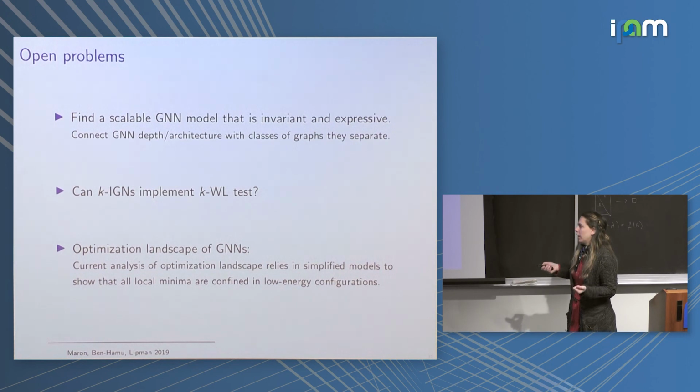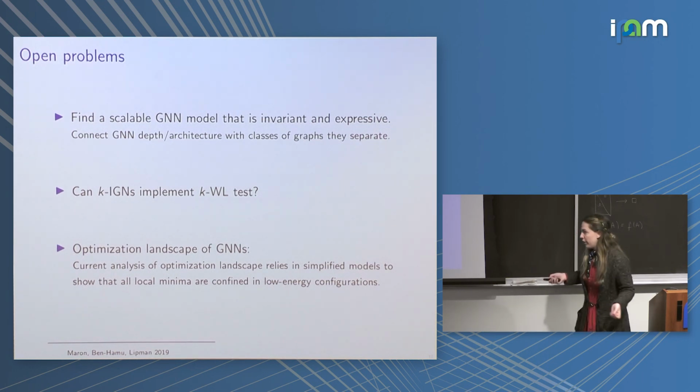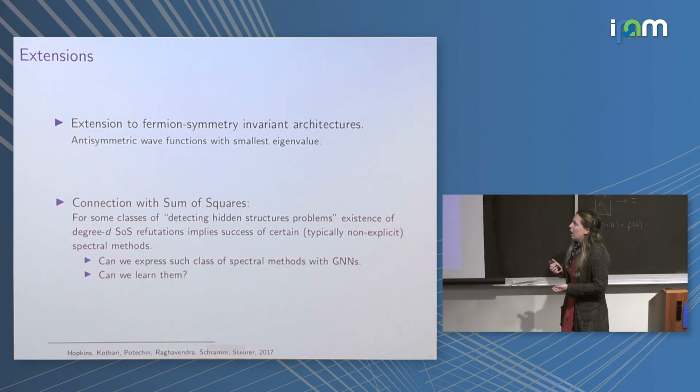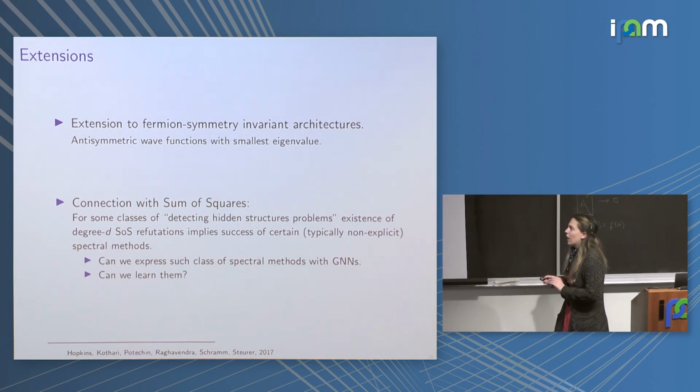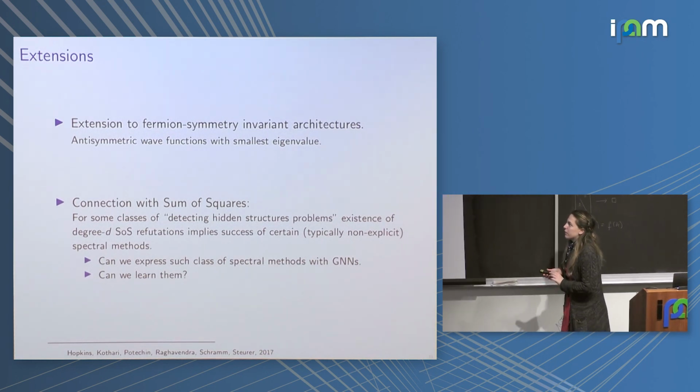Another open problem is what the optimization landscape is in these graph neural networks. The current analysis of these graph neural networks is restricted to stronger assumptions than the actual model. Something else connected to graph neural network models for physics is to extend graph neural networks for symmetric functions to the antisymmetric case, which is useful for some specific problems in physics.